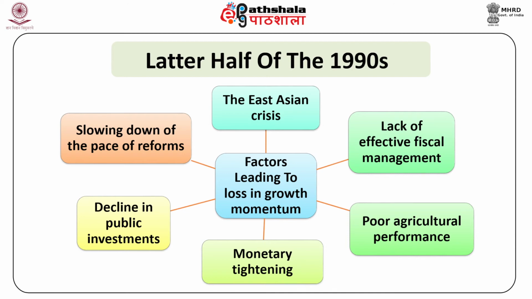For example, the East Asian crisis, that is, the financial crisis that emerged in Thailand and later engulfed many East Asian countries, lack of effective fiscal management, poor agricultural performance as a result of bad monsoons, monetary tightening that lowered investments in the private sector, decline in public investments, and slowing down of the pace of reforms.